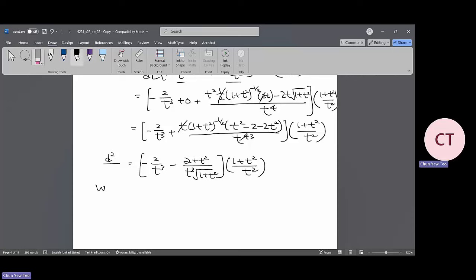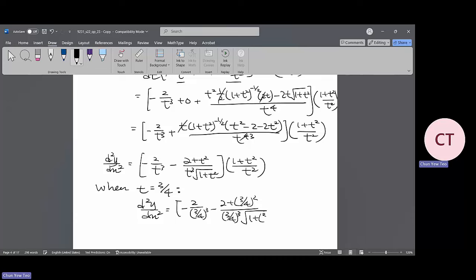d squared y dx squared, when t is equal to 3 over 4, is equal to negative 2 over 3 over 4 cubed minus the 2 plus 3 over 4 squared over 3 over 4 cubed square root of 1 plus 3 over 4 squared, multiplied by 1 plus 3 over 4 squared over 3 over 4 squared.